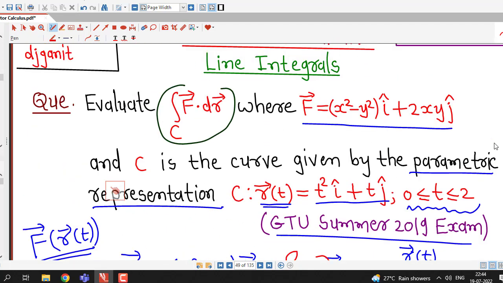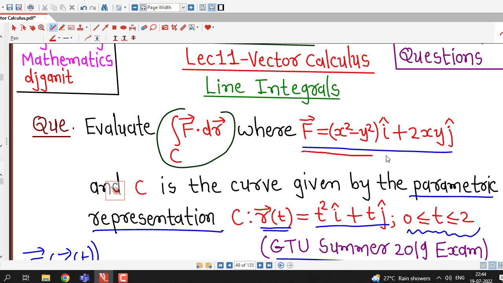So again I can repeat here. Here we are given vector function f bar, and curve C is already given in parametric form. So we have x equal to t square, y equal to t.